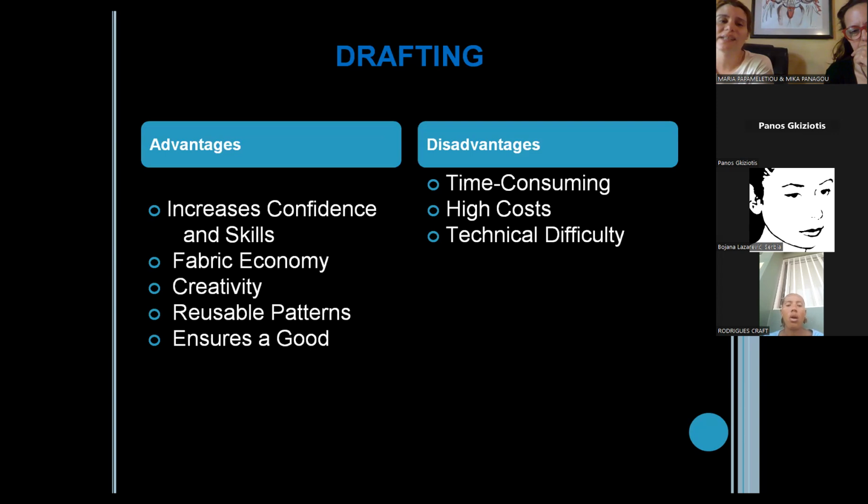Advantages: increases confidence and skill, fabric economy, creativity. Reusable. Reusable is something like, if you know how to make it, you already know. As your experience builds, even now, after 25 years in theater, I have kept most of the patterns, whatever I do.